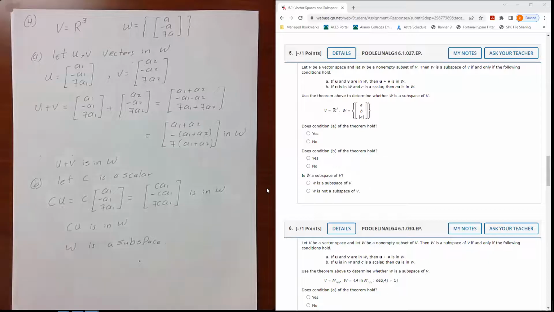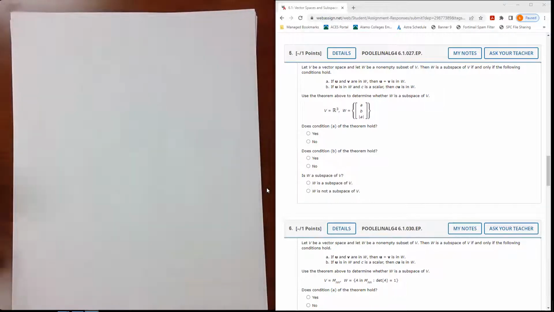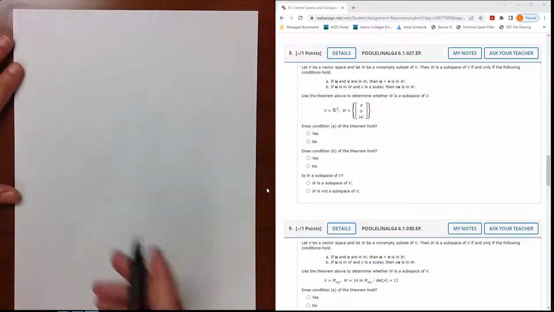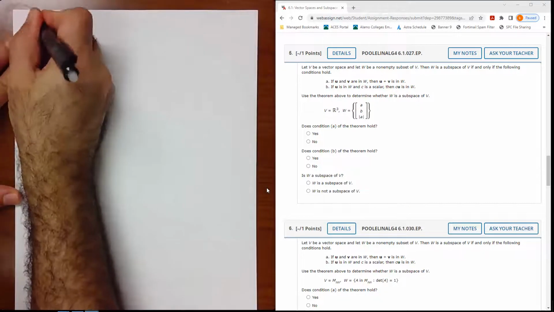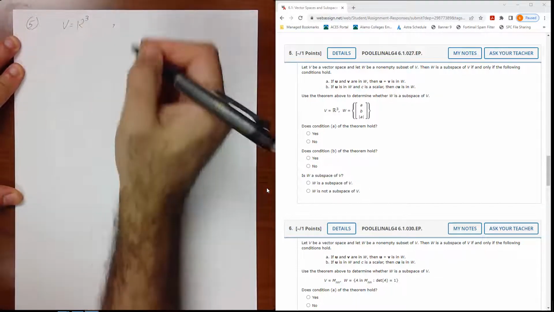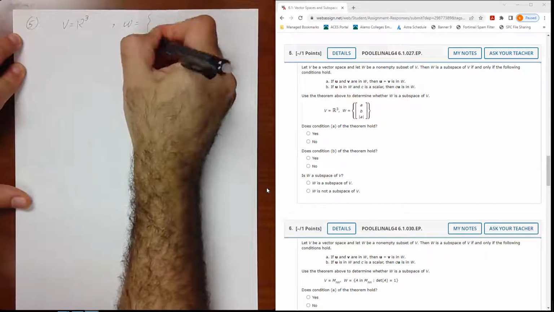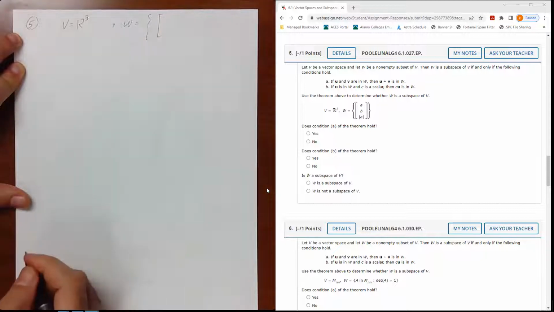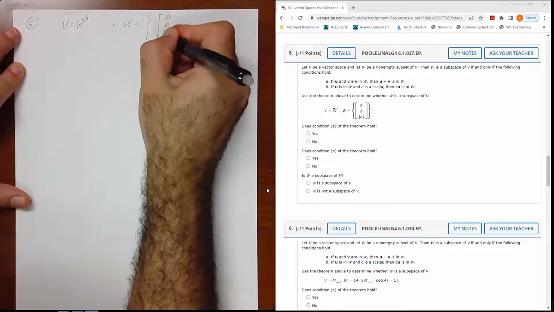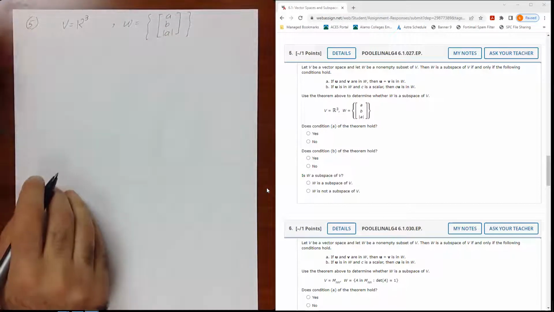So example 5. Again, we have to focus on how W looks like. We have V equal to R cubed, and W is the set of vectors A, B, and the absolute value of A. So let's check the first condition.